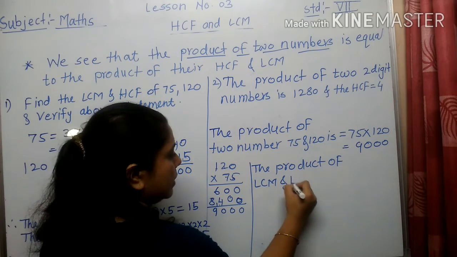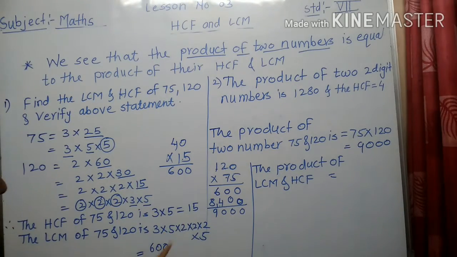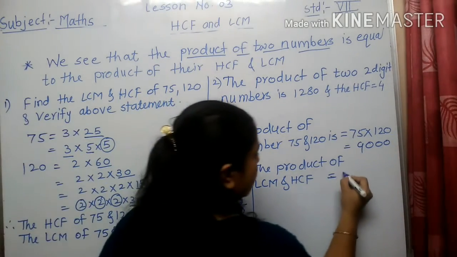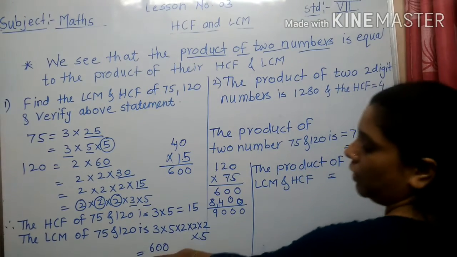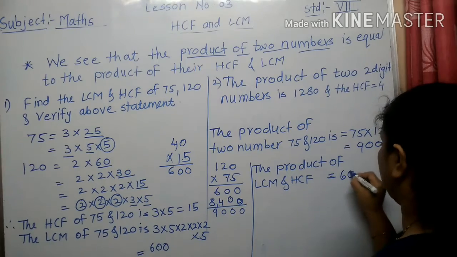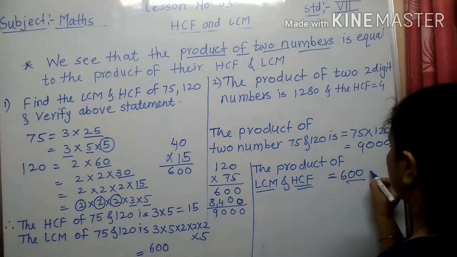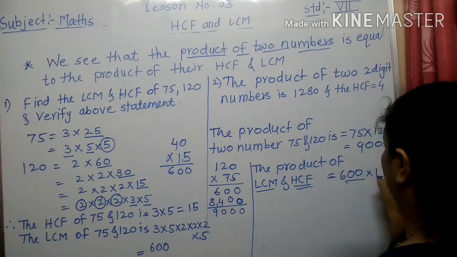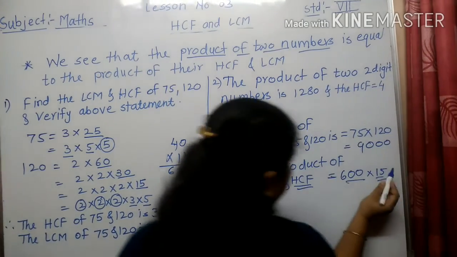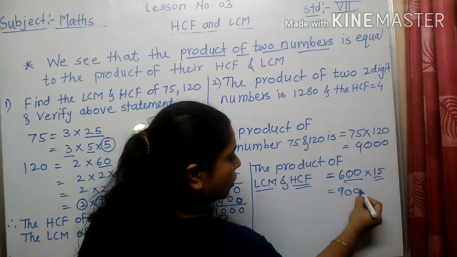Now here I will take the product of LCM and HCF. What is the product of 15 into 16? LCM is 600 and HCF is 15. See, 15 sixes are 90 and these two zeros as it is.